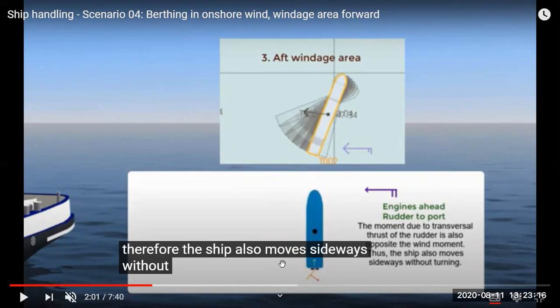The wind will turn the stern to port, and the transverse thrust because of moving ahead will move the bow to the port, and slowly the ship will move bodily to the berth. So this is how we are going to make use of this windage point.